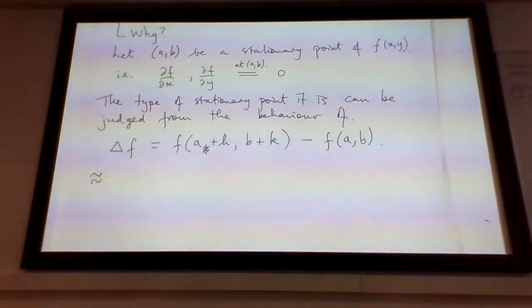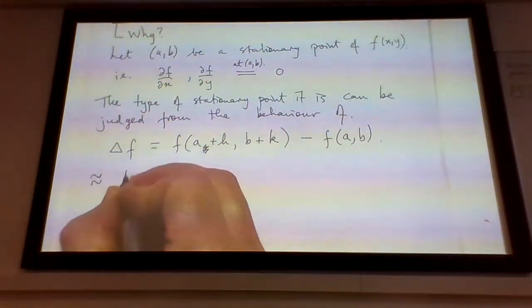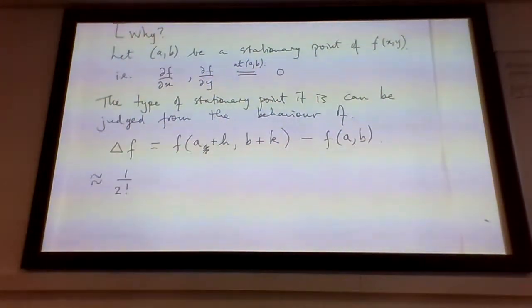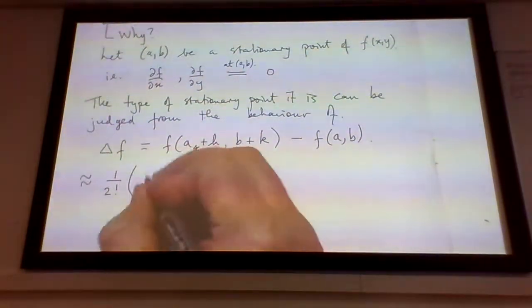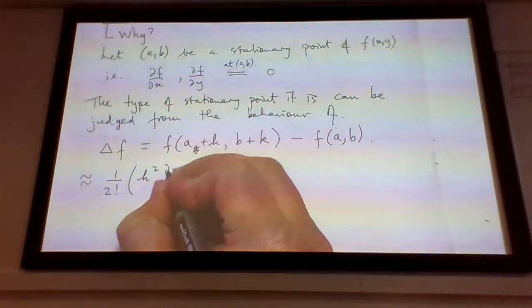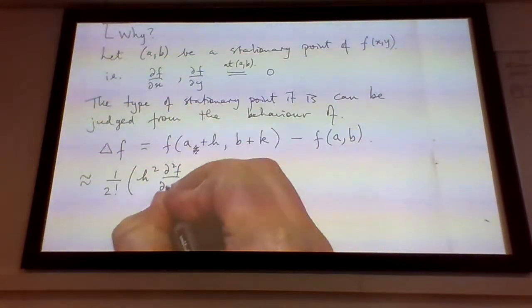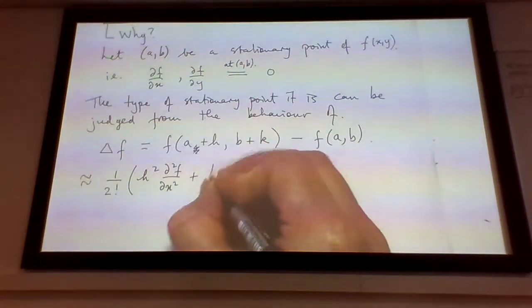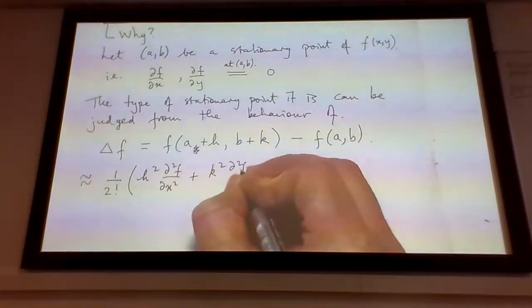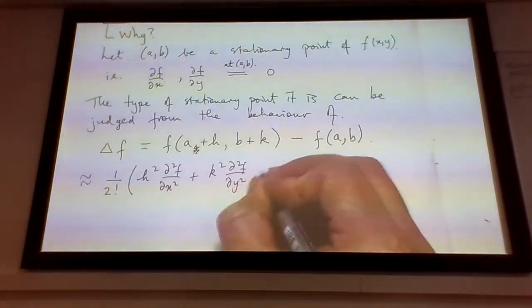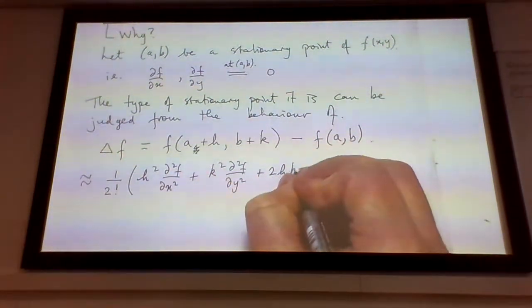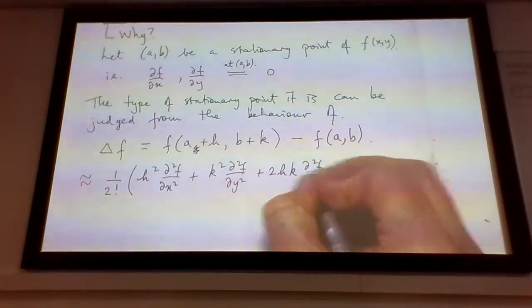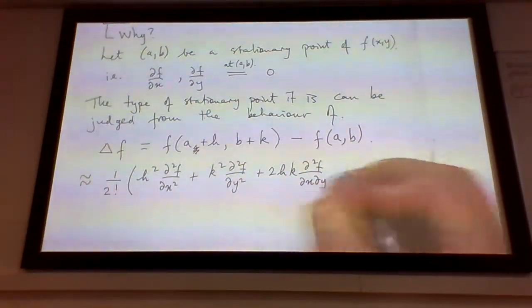So the first things that are going to appear in this expression delta f are going to be the second order partial derivatives. So you're going to have your h squared d2f dx squared. You're going to have your k squared d2f dy squared. And you're going to have your 2hk d2f dx dy.